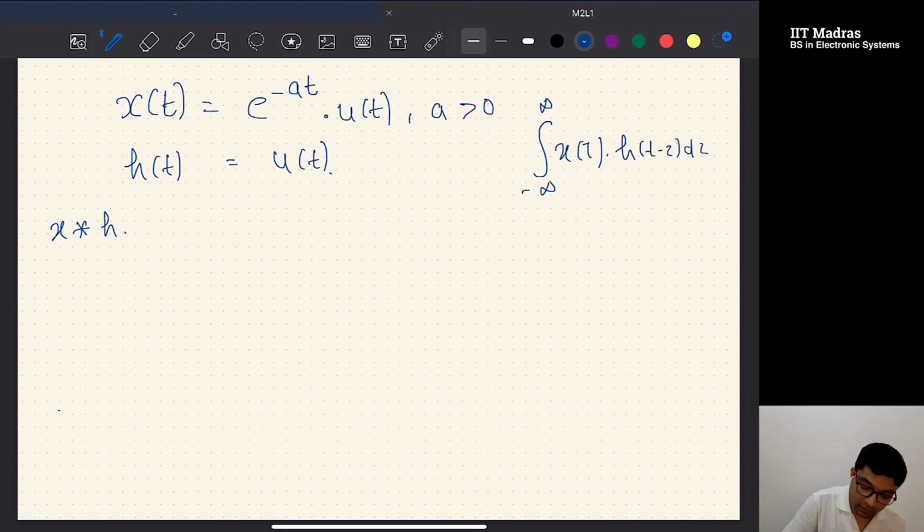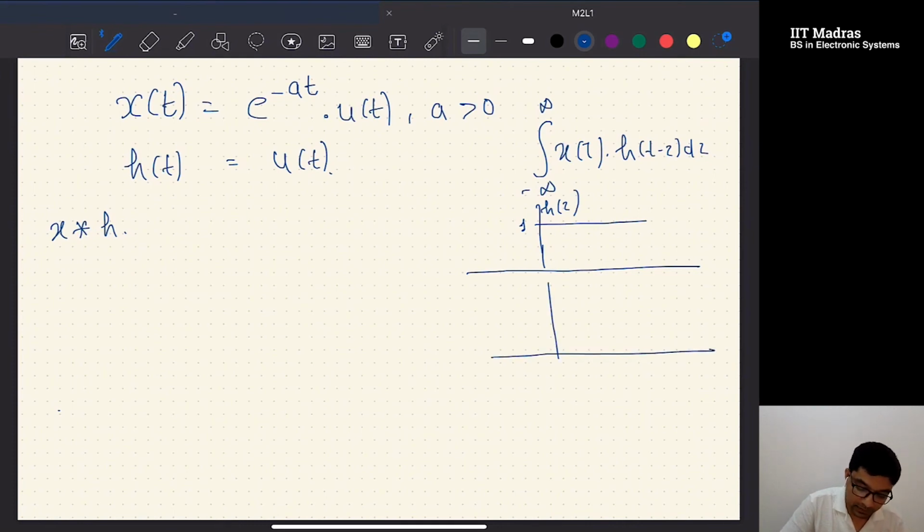Okay, let's plot each of these individual signals. So h of t is a unit step. So this will be my h of tau. X of tau is e power minus a tau u of tau, starting at tau equal to 0.